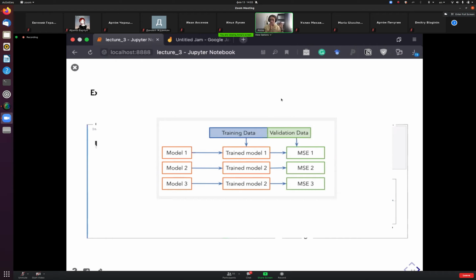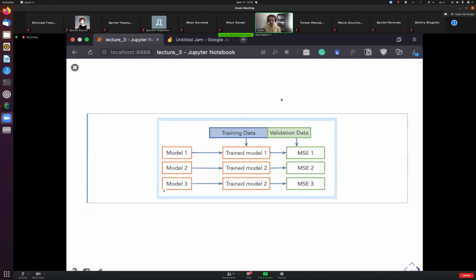So we train on the first part, which is called training data, then compute error on the validation data set and compare these numbers. So you train 3 models, compute 3 validation errors, choose the smallest one, and then you have the model with the best lambda out of these 3.